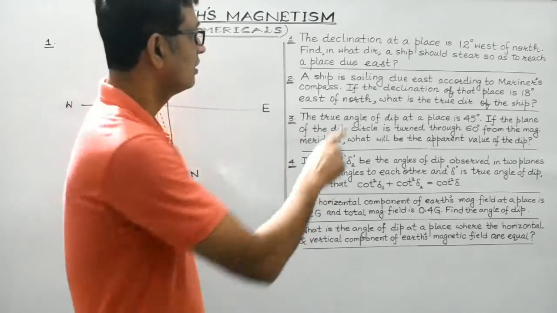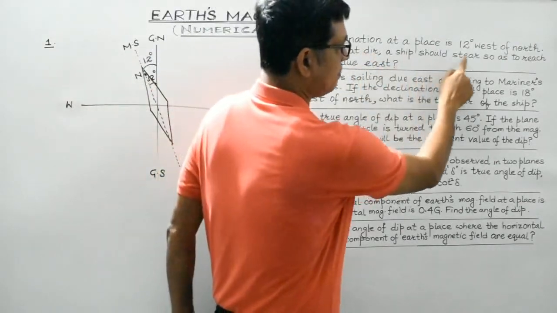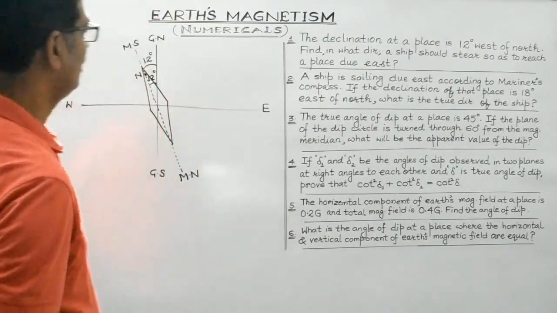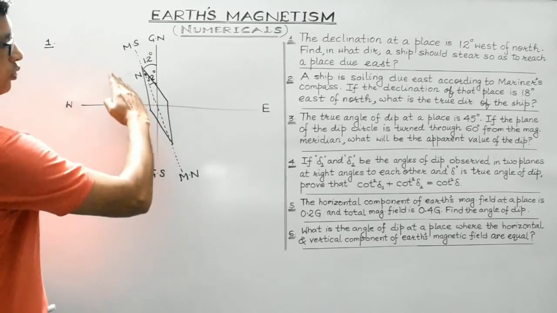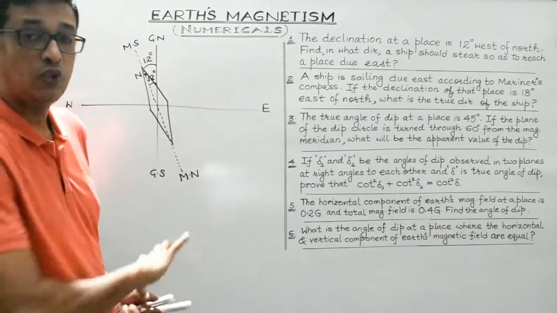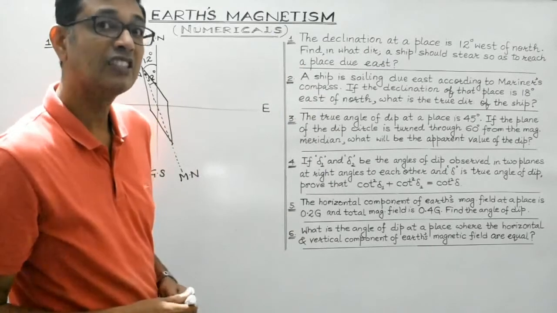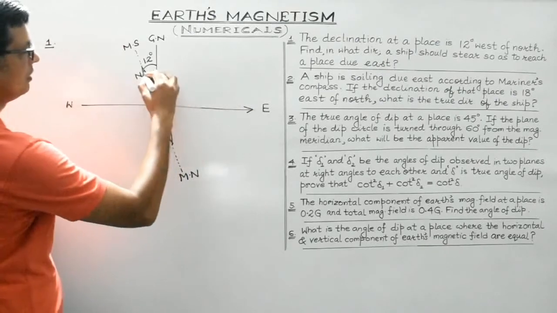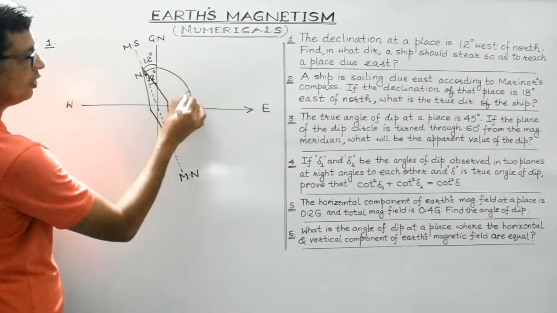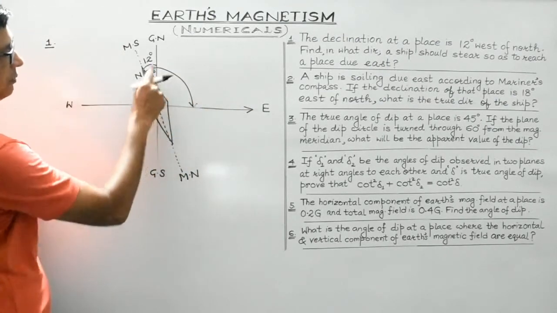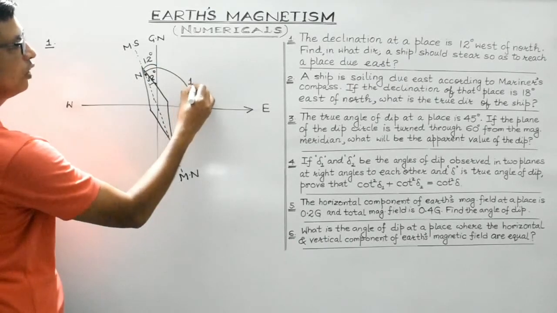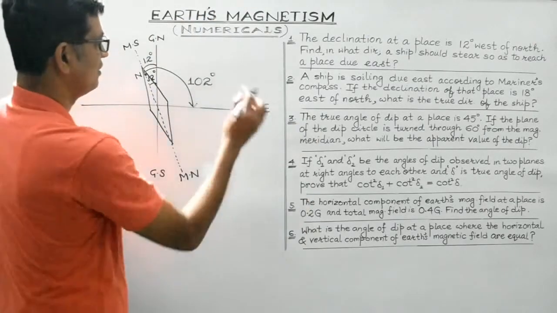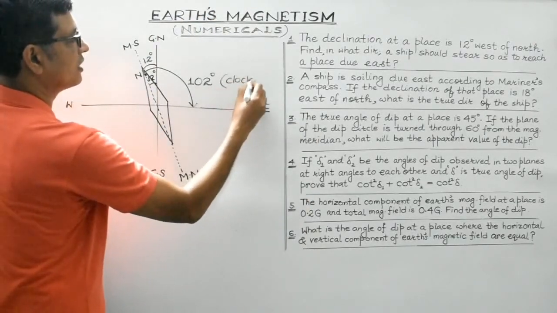Now the question is, find in what direction a ship must steer so as to reach a place due east. So the ship is required to reach a place due east. In what direction must the ship steer? In order to reach a place due east, it should steer through an angle of 90 plus 12, that is, at an angle of 102 degrees in the clockwise direction.